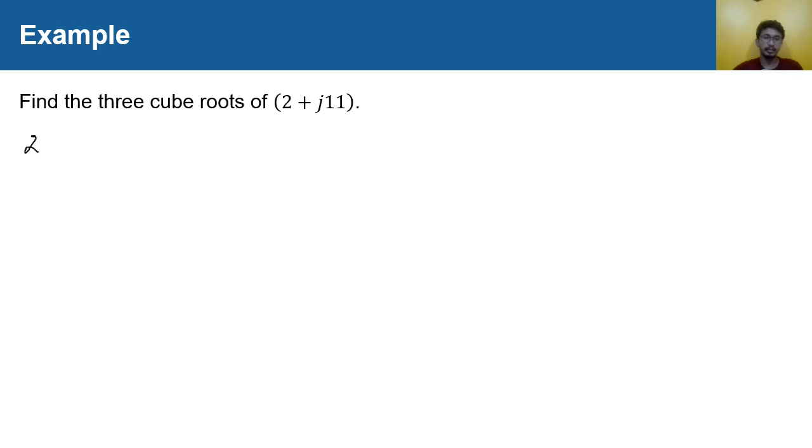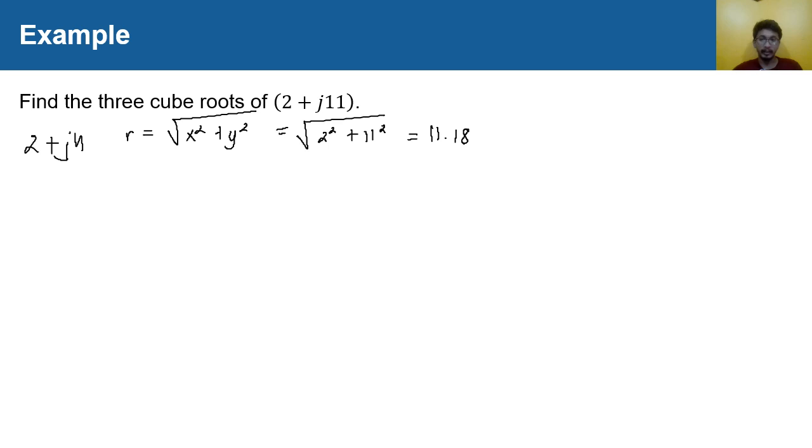Again, using the formula, we have r is equal to the square root of x squared plus y squared. This is now equal to the square root of 2 squared plus 11 squared, which is equal to 11.218.